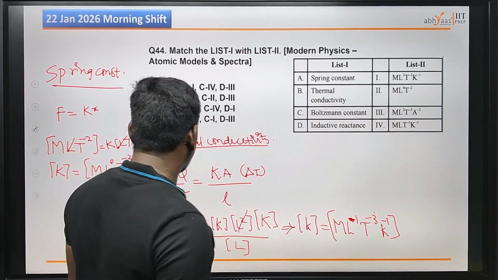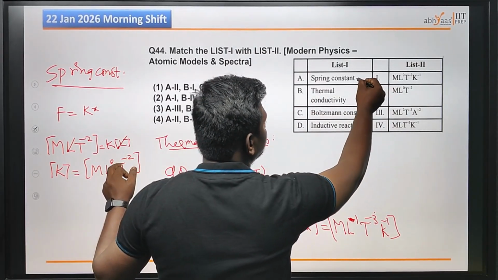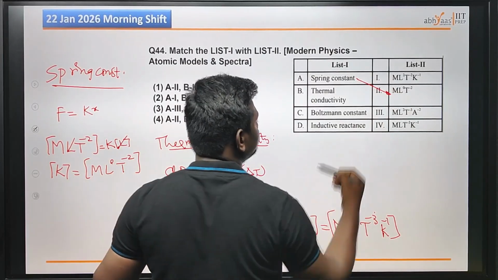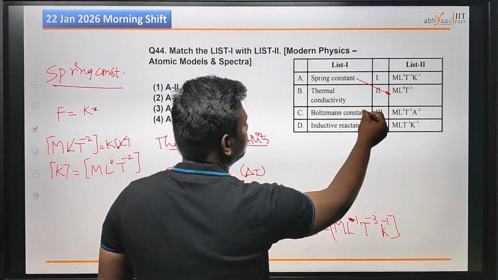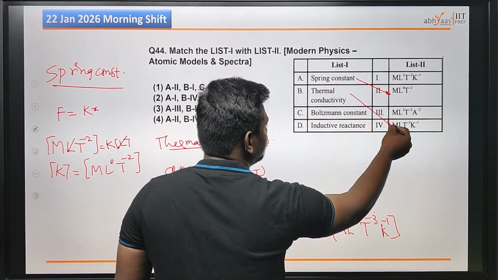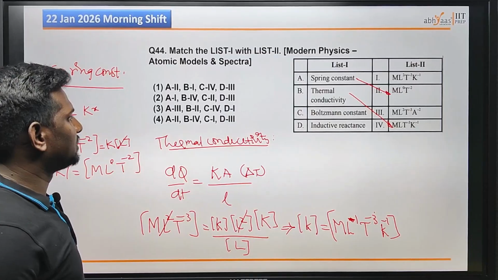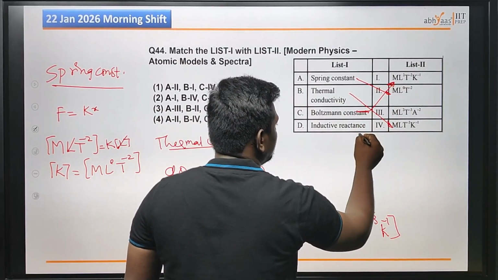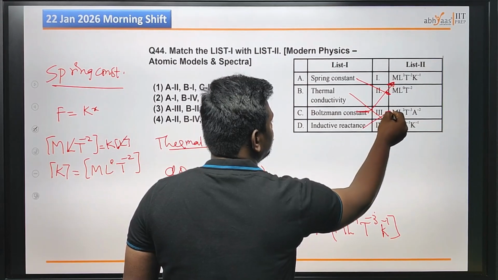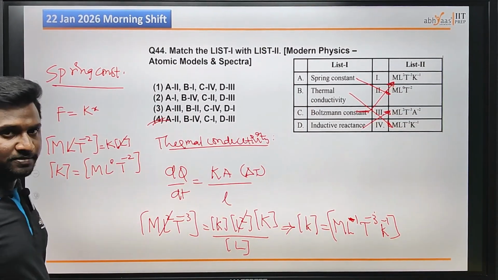So spring constant is 2, thermal conductivity is 1. Next, Boltzmann constant 1 and inductive reactance 3. So therefore option 4 is the right answer.